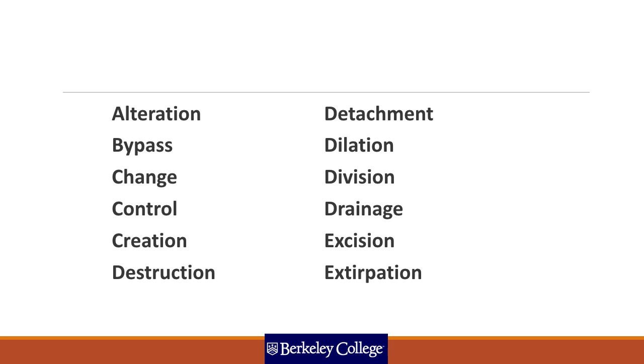That's why you're going to build the codes and take all of these puzzle pieces and fit them together to make that 7-character code. Some of these terms may be very familiar to you, like bypass or dilation, and other terms may be brand new to you, like extirpation, the last word on this slide, which means to remove something solid from the body. An example of that? Like removing a kidney stone.